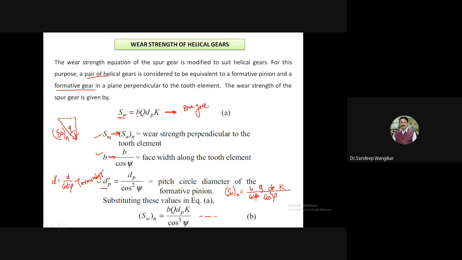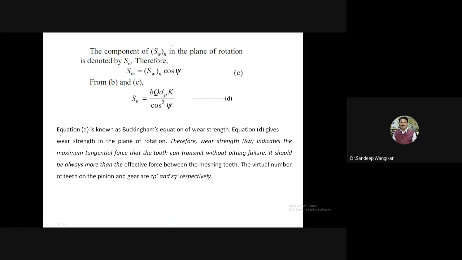Again in this case also, we can establish a relation between Swn and Sw. Sw is the component in the direction of rotation, the plane of rotation, of this Swn. So we have the relation Swn is equal to Sw divided by cos of psi.